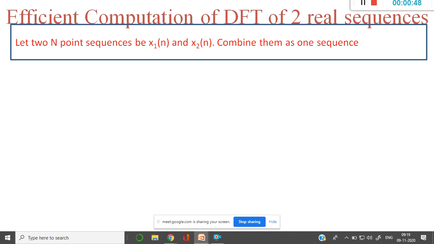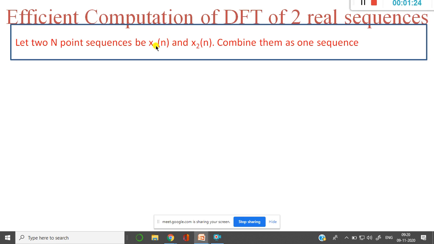The question will be something like, if you have two n-point sequences, let us assume x1 is one n-point sequence and x2 is another n-point sequence.